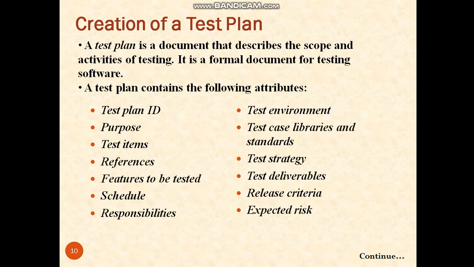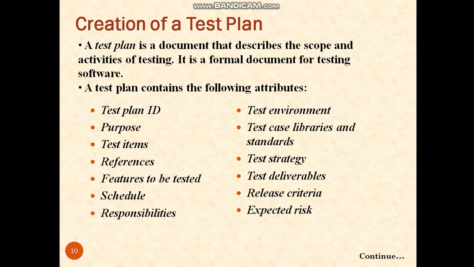First one is test plan ID, purpose, test items, reference, features to be tested, schedules, responsibilities, test environment, test case libraries and standards, test strategy, test deliverables, release criteria, and last one is expected risks.